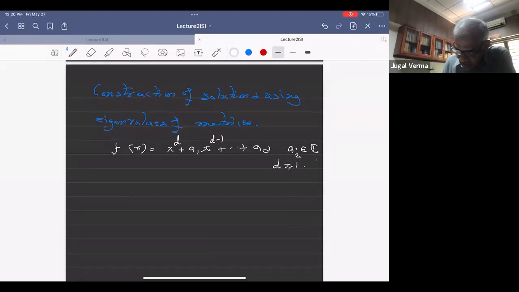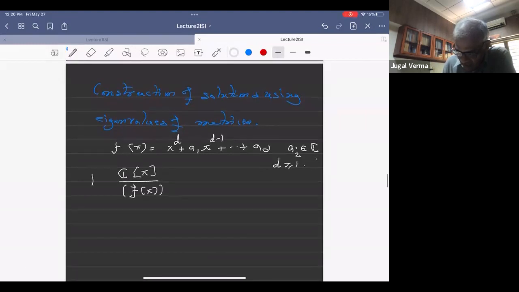So let us take help from what we have observed. We are working in the polynomial ring in one variable and then construct this vector space. So take the ideal generated by f(x). This is my ring R, and f(x) has at most d roots, by the fundamental theorem of algebra.